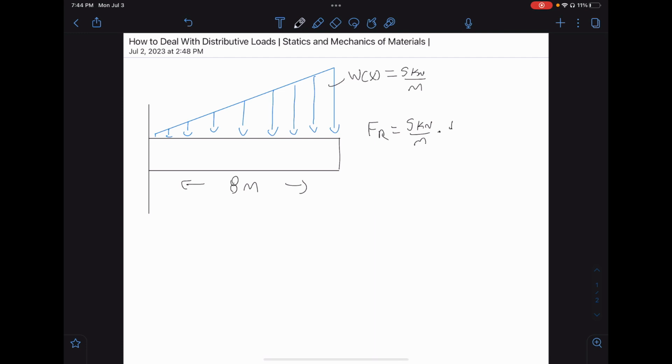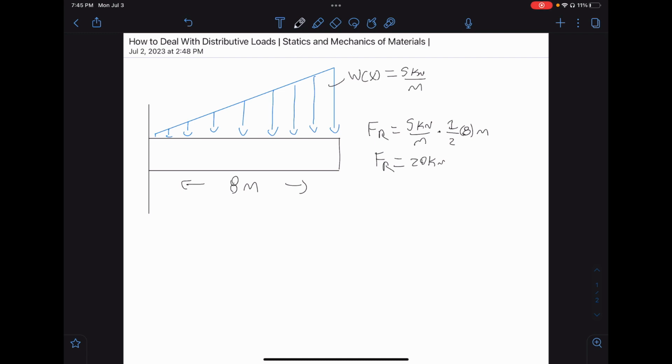So 1/2 the base, which is 8, times the height here, 5 kilonewtons per meter. And that's going to equal, so 1/2 of 8 is 4, 5 times 4, that's 20. So we have 20, right? This is meters, so these meters cancel out, and we have 20 kilonewtons of force. And that is our resultant force equivalent to our distributive load.